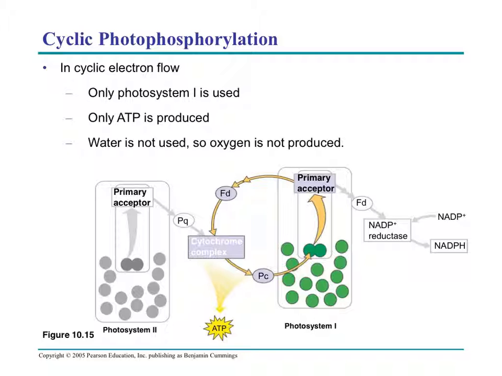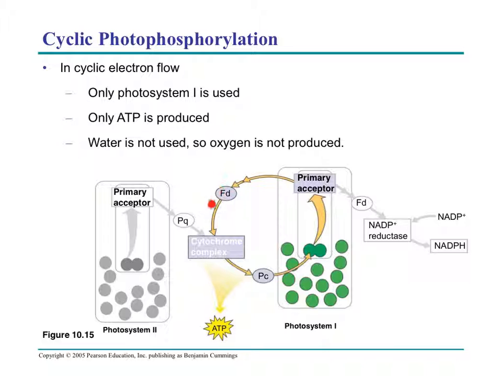And in those cases, we still have a photon of light hitting our pigments, exciting the electron, and sending it up to the primary acceptor, and then sending some of it down. Actually, we don't use ferredoxin here. Ferredoxin is over here. And we're only generating ATP. Now, because we're only generating ATP, we do not need water.